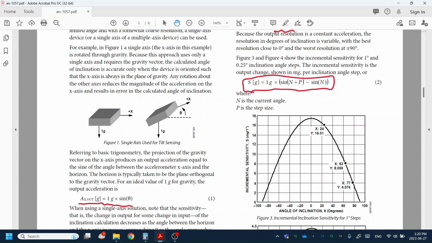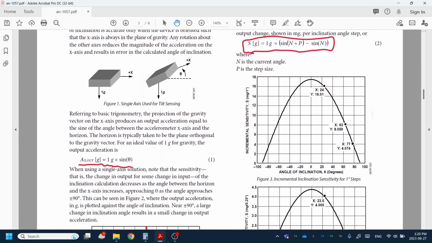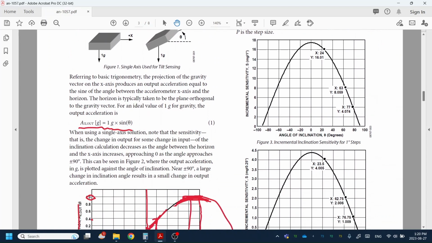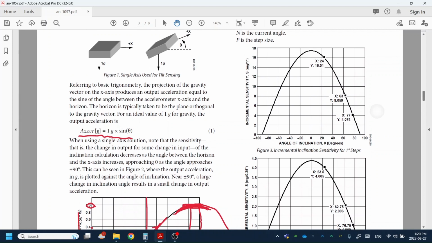You can use these equations to decide the resolution you need in the digital system, but we can just look at this diagram here. This is a plot of angle of inclination in degrees and the incremental sensitivity. Basically, what's the sensitivity you need in terms of milli-G per 1 degree.